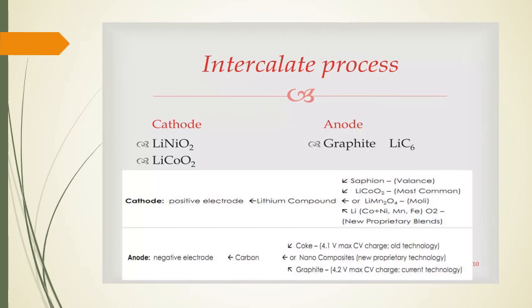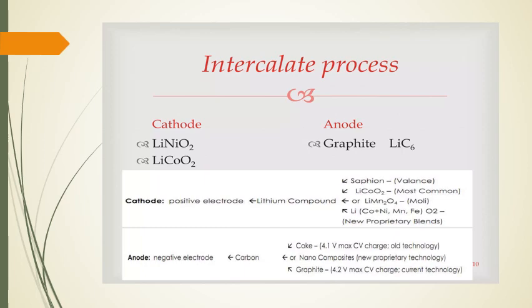Intercalation process: cathode and anode. LiNiO2 and LiCoO2 at the cathode, and graphite LiC6 at the anode. Cathode, positive electrode: lithium compounds, of which lithium cobalt oxide (LiCoO2) is most common, or LiMn2O4.